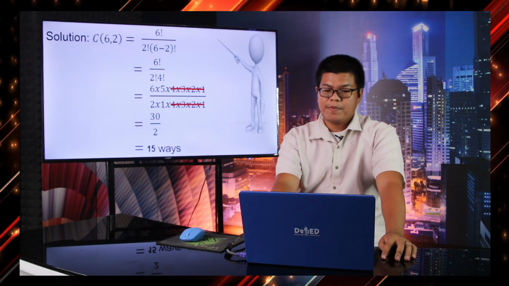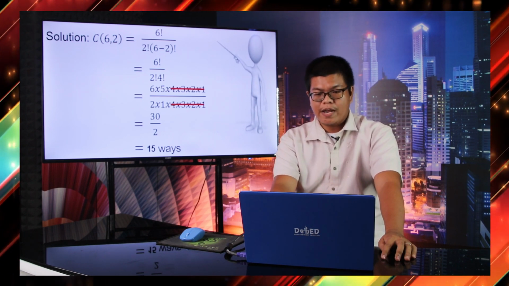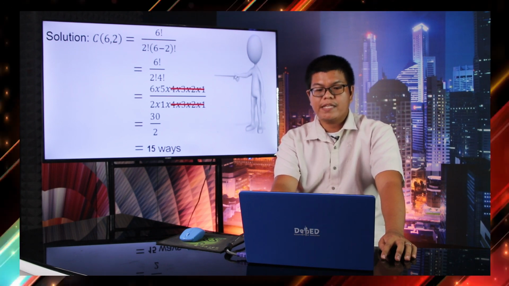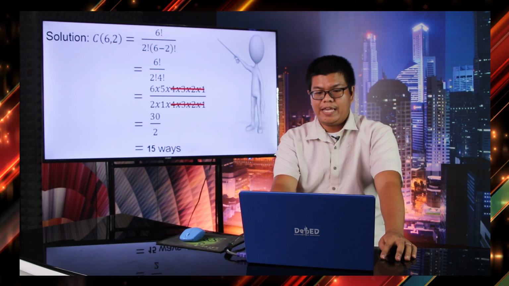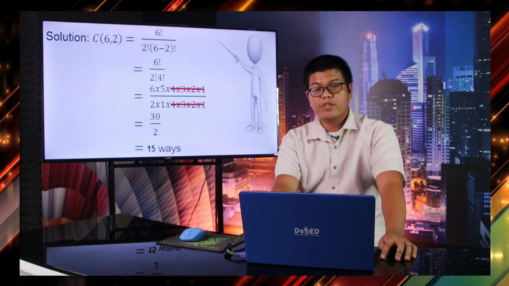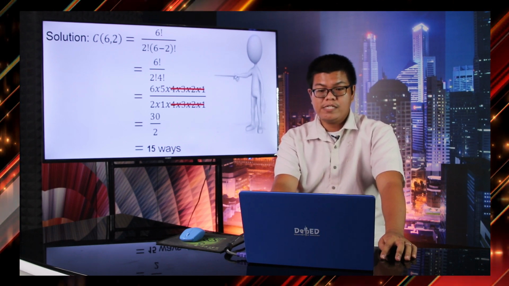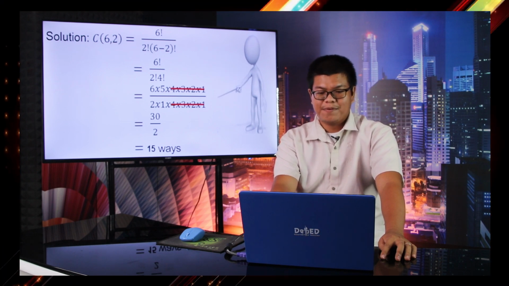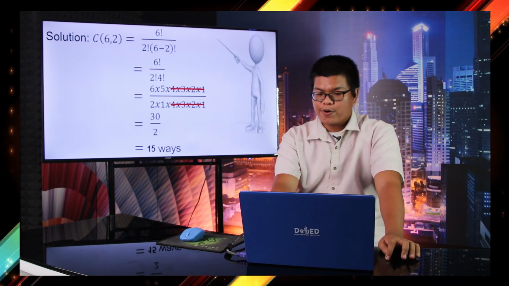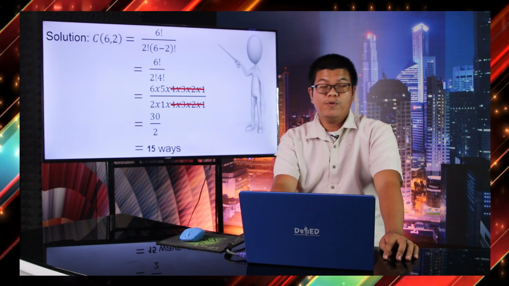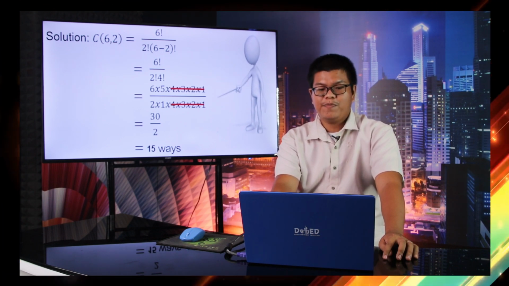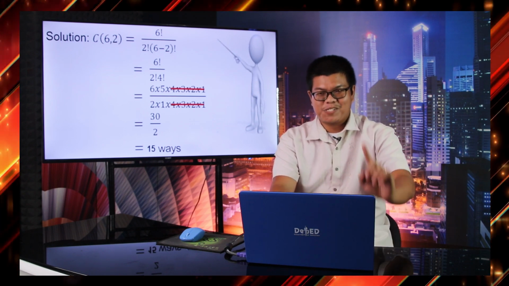So 6 times 5 remains at the numerator and 2 times 1 remains at the denominator. Then 6 times 5 equals 30, divided by 2 times 1, which is 2, is equal to 15. Very good. Therefore, the combination of 6 taken 2 is equal to 15, or 15 ways. That's right.